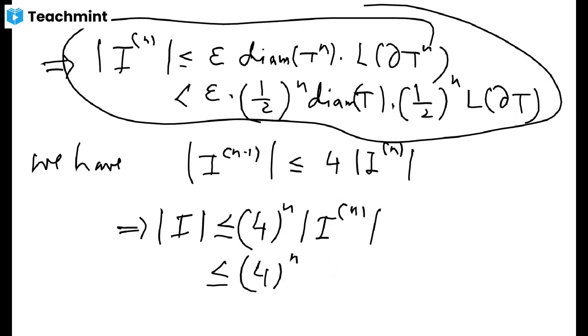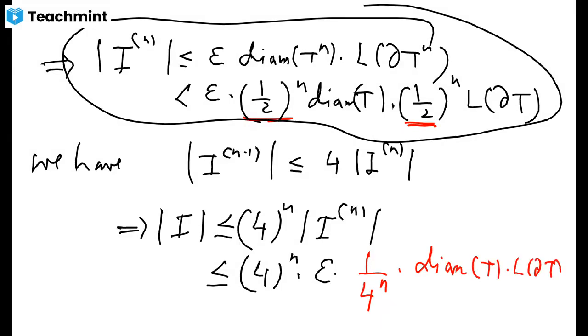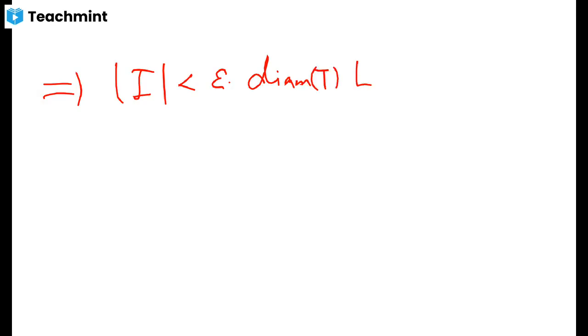You have 1 by 2 to the power n, 1 by 2 to the power n, which means 1 upon 4 to the power n, times the diameter of T times the length of the boundary of T. So these terms cancel each other, and what is left is that the modulus of the integral is less than epsilon times the diameter of T and the length of T.